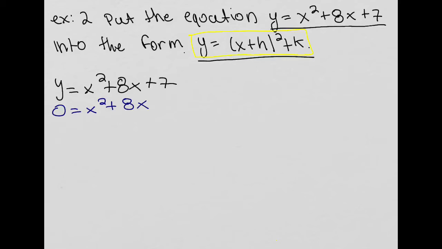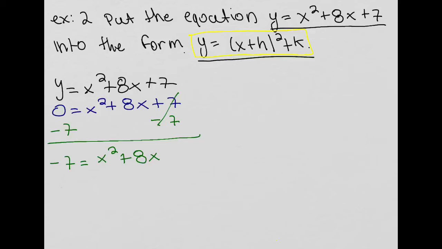That's the first step. The next step, I'm going to use completing the square. So I'm going to minus the 7, which is a c term. So this becomes negative 7 equals x squared plus 8x.